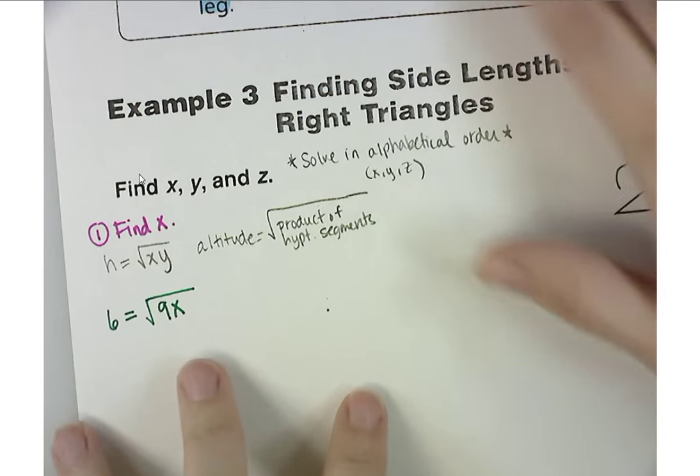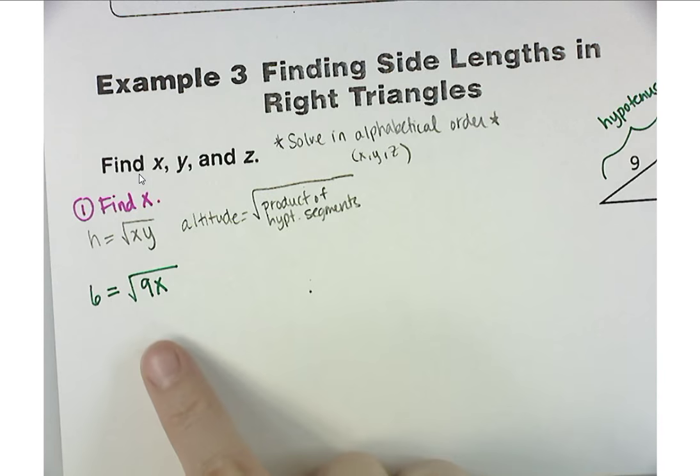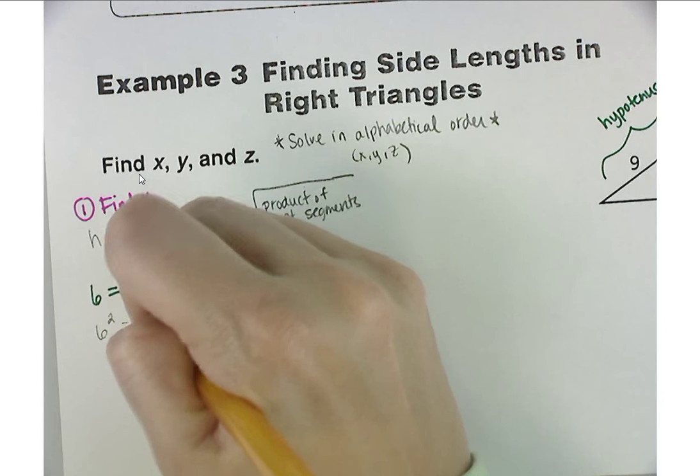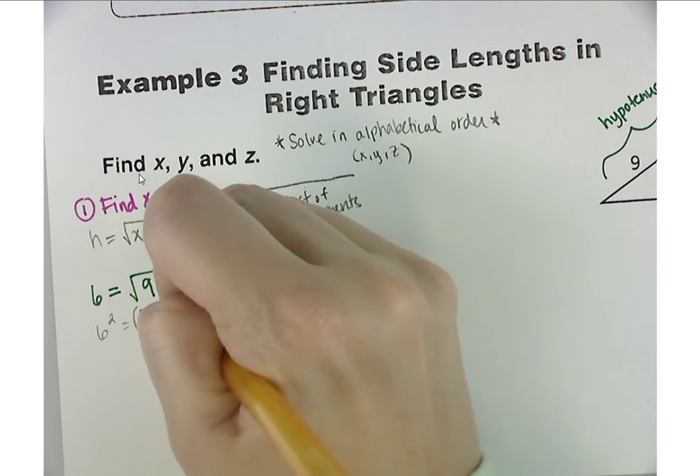So what I want to do is solve this for x. If I'm going to solve that for x, what would I do to both sides? How do I undo a square root? Square it. And I'm going to write that in the next step. So you can square both sides.